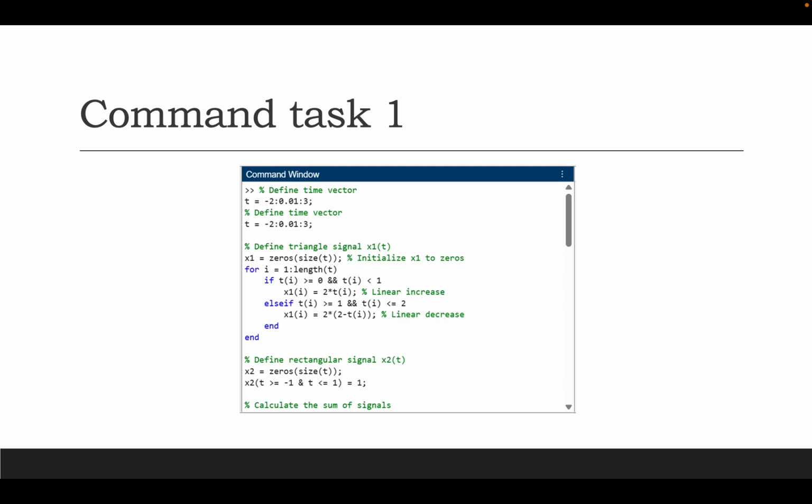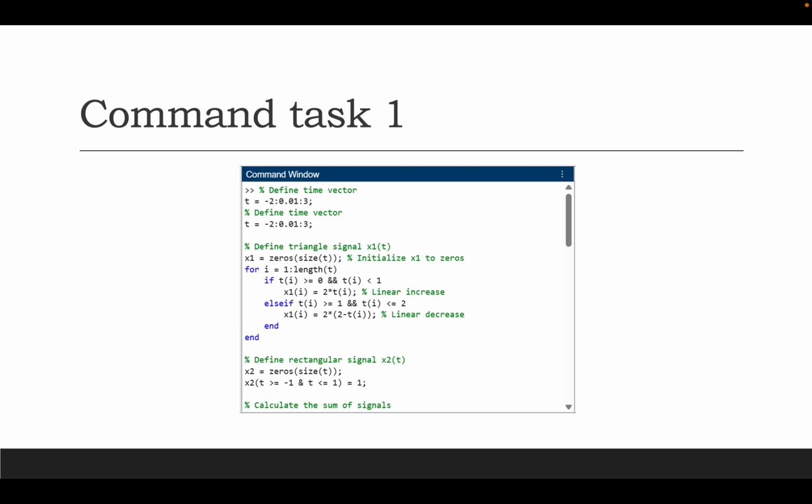And step 3, define rectangular signal x2. x2 equals zeros of size t, and define a rectangular pulse x2(t) with amplitude 1.